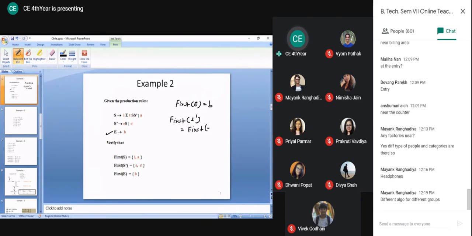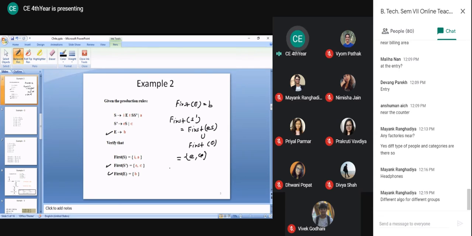So we'll write first of ES union first of null. So from first of E, capital S, we are getting E because it is a terminal, and first of null, so we are getting null. So we have E and null from first of S dash.